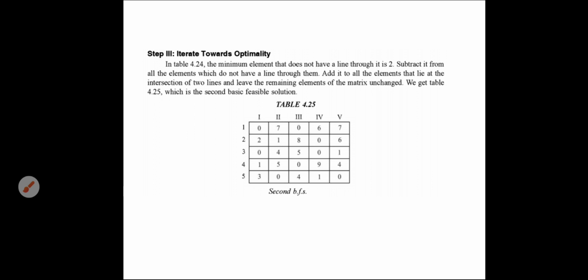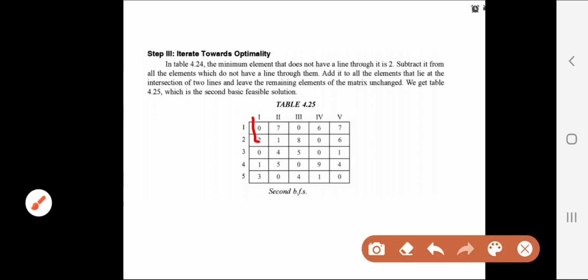Let us start the assignment. Assign the first row, first column, and mark another 0 with a cross. Then for the second row, you mark this. And for the third, marking is not possible.